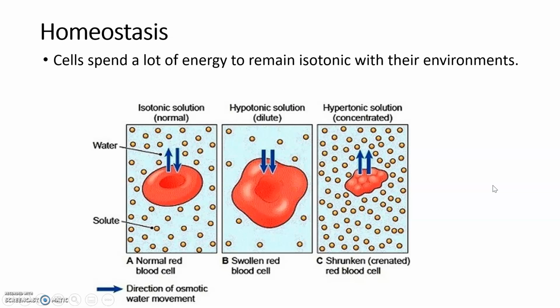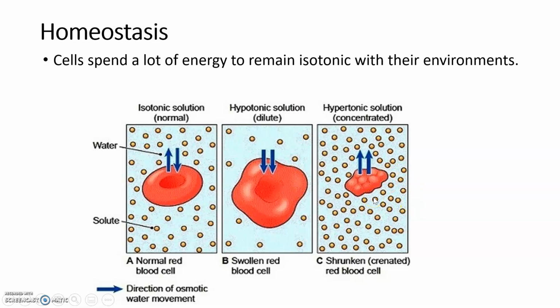So it's for this reason that cells spend a lot of energy trying to remain isotonic with their environments. That is, equal on the inside as the outside. Again, if they're in a hypotonic solution, the water's going to rush in, the cell's going to expand, and eventually it'll probably pop. If it's in a hypertonic solution, the water's going to rush out, the cell's going to shrivel, and probably die that way too.